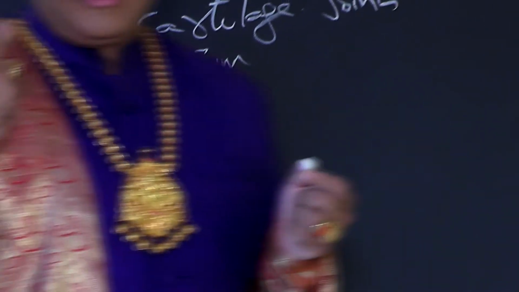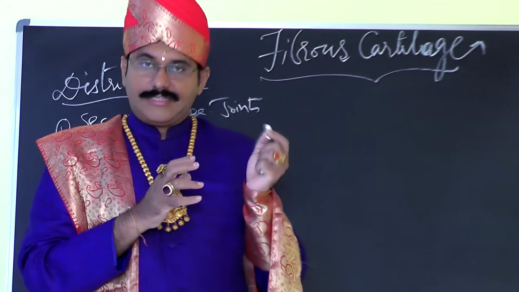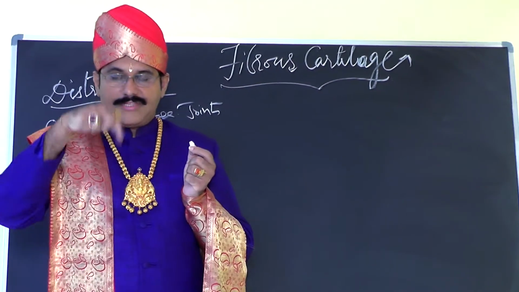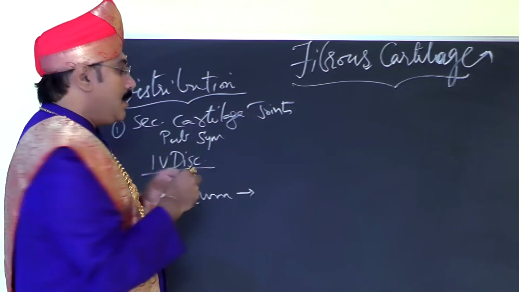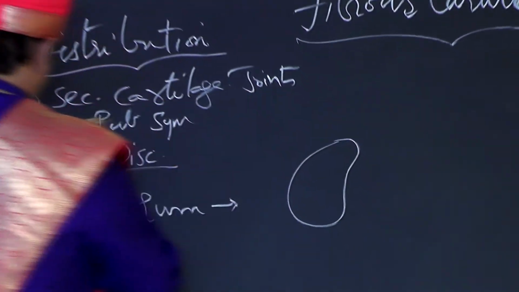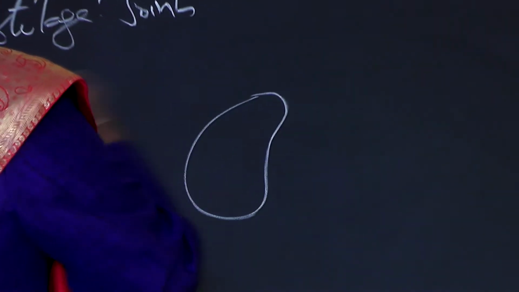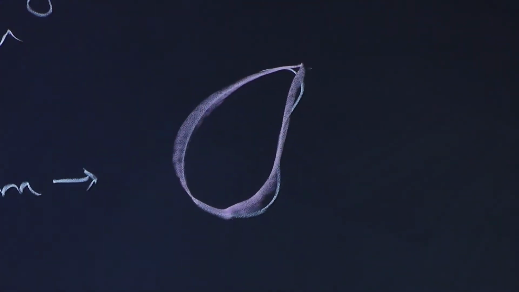In the shoulder joint, the head of the humerus articulates with the glenoid cavity of the scapula. The glenoid cavity has a fibrocartilaginous rim, and that is called the glenoidal labrum.